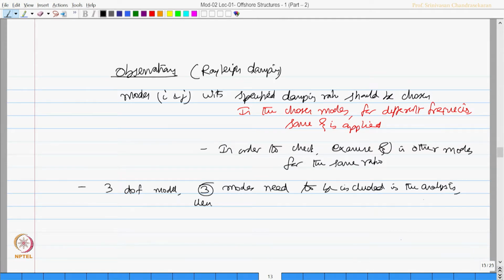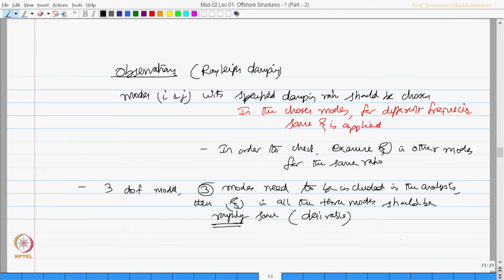Then the damping ratio in all the three modes should be roughly the same. I should say the word roughly the same, because you cannot get exactly the same ratio which is desired to apply this method. Okay.